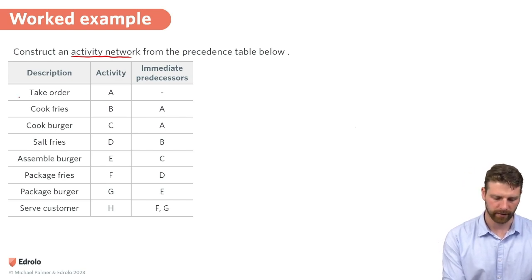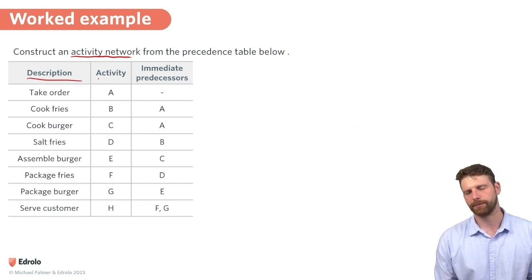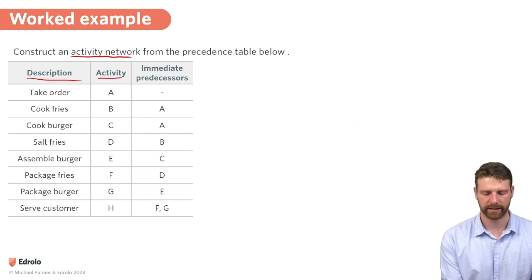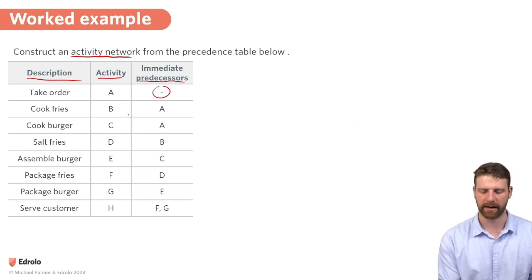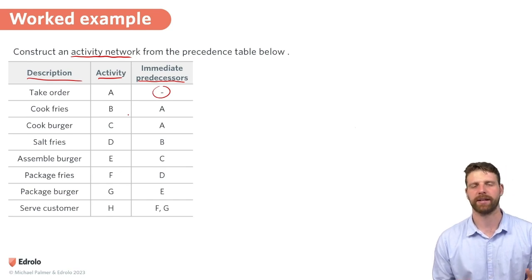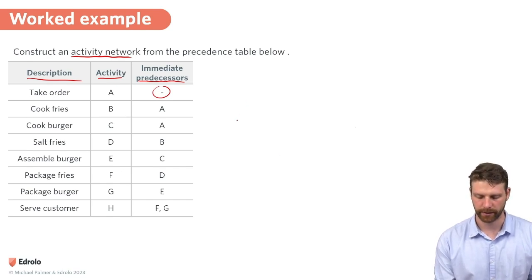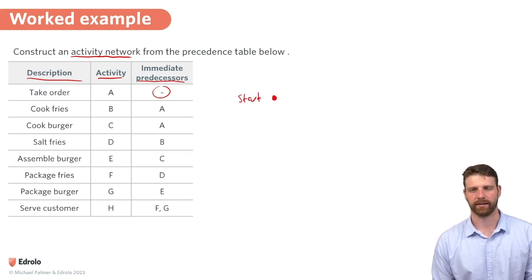So I've got all these tasks, and I've got their descriptions here, but that doesn't really matter for drawing the network. So I'm just going to ignore them for now and look at activities and their immediate predecessors. I can see that A doesn't have any immediate predecessors, and that means it must be at the start. So I'm going to draw in here start, and I've drawn a vertex there.